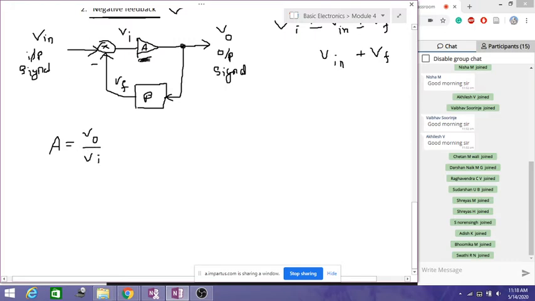We are not taking Vin here, because from this part, this is the amplifier, this is my output and this is the input. The input is the difference of these two, Vi.